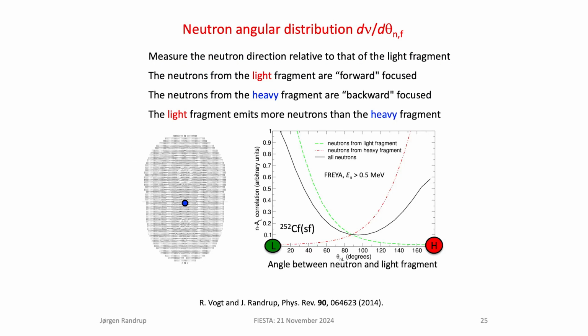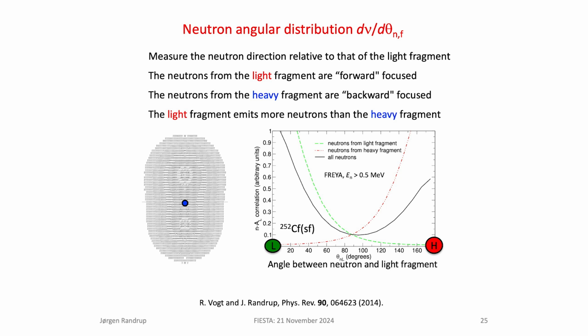So now the angular distribution of the neutron with respect to the direction of the fragment. This is also a kind of correlation, you could say. I mentioned how they're focused in different directions, and you get then the angular distribution like this. So the heavy fragment, they are focused in the backwards direction.